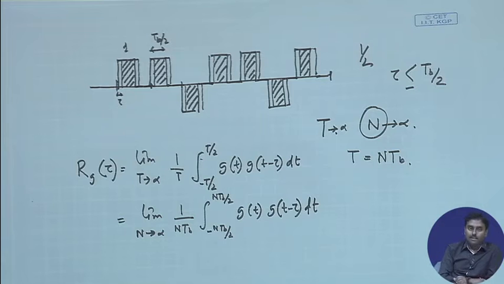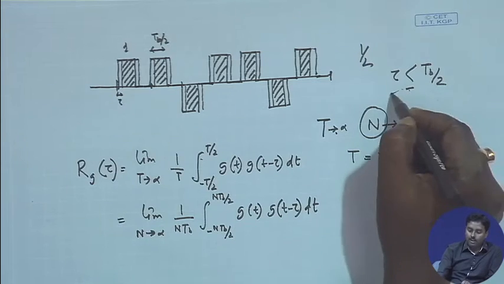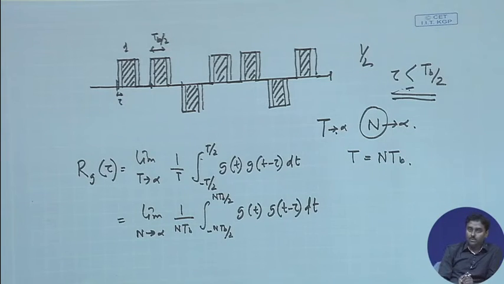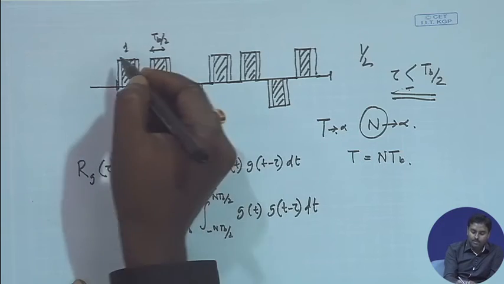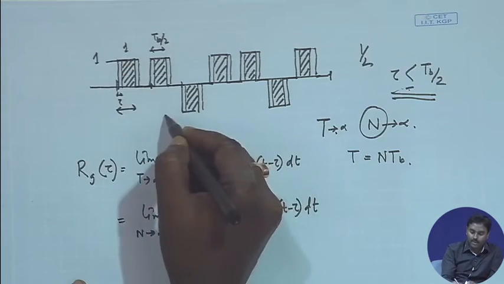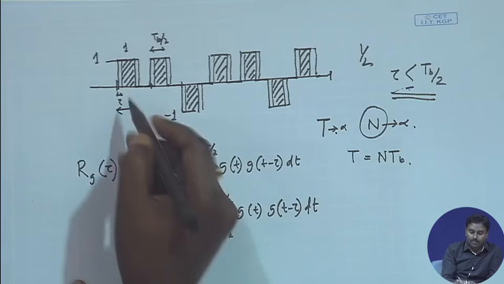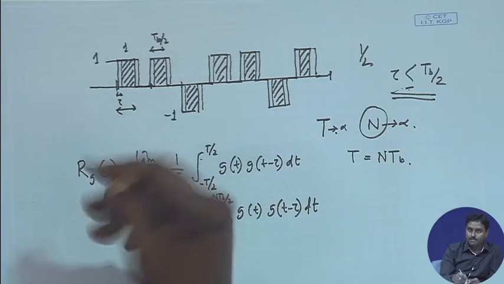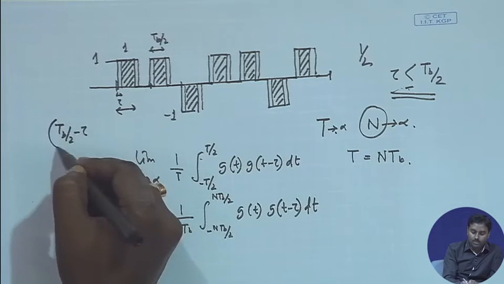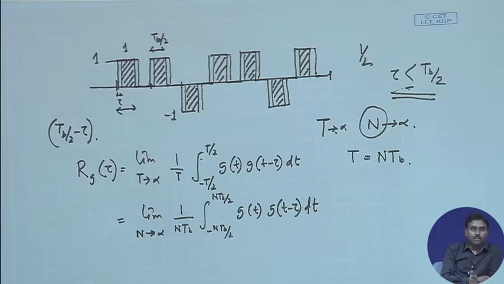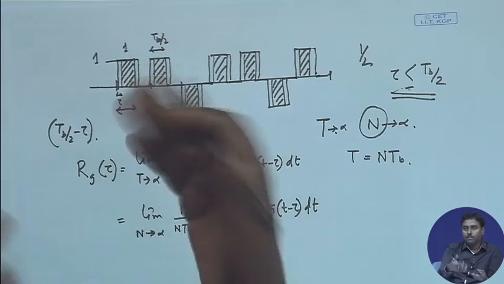Now, let us see what overlap we are getting. I have already assumed that tau is less than Tb by 2. So, my overlapping area is Tb by 2 minus tau, if the amplitude levels are plus 1 and minus 1. That is the overlapping area, and because the amplitude is 1, it is just multiplied by 1.